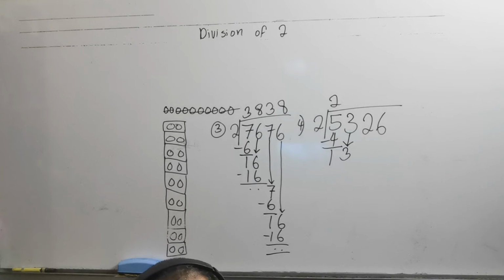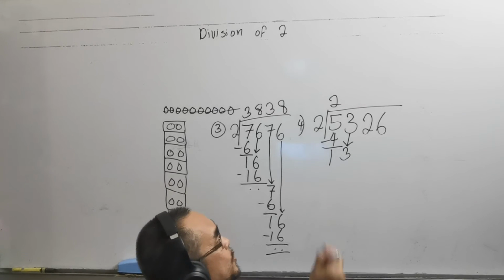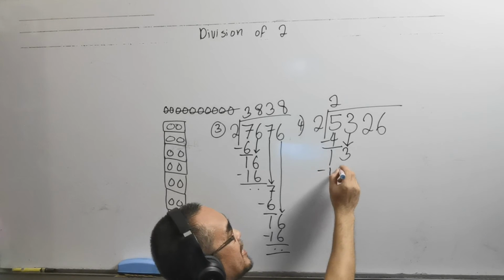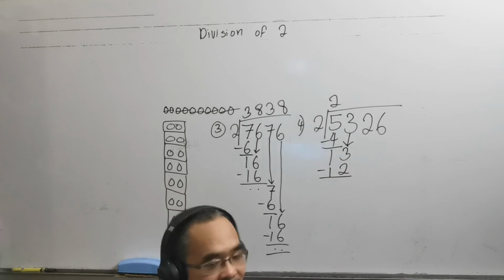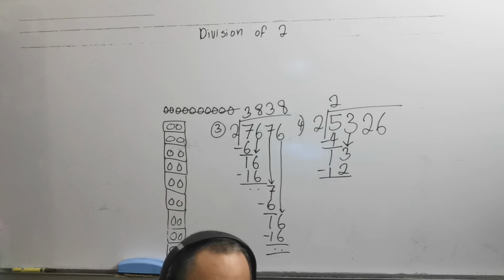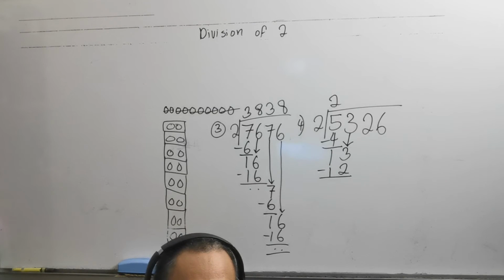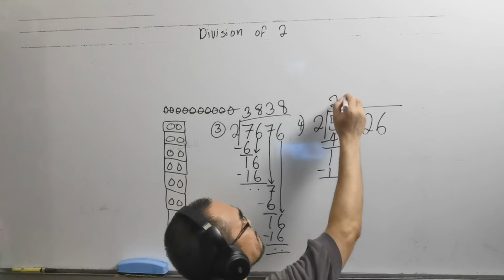It's 12. 12 is written underneath of 13. And then how many fingers to get to 12 just now? Six, that's correct.